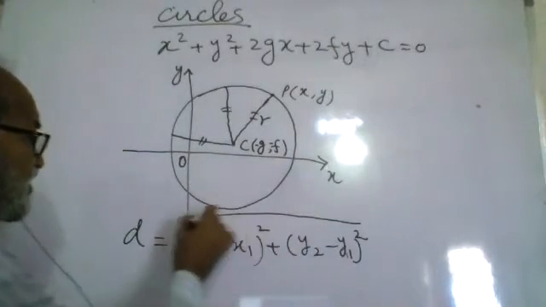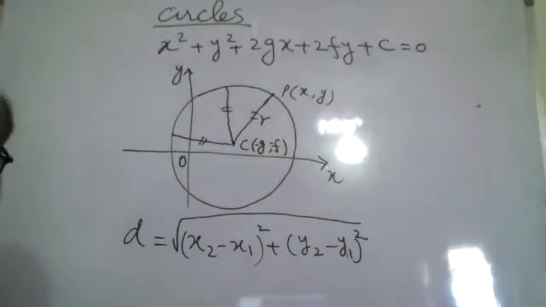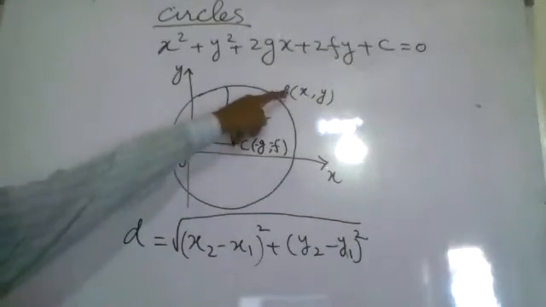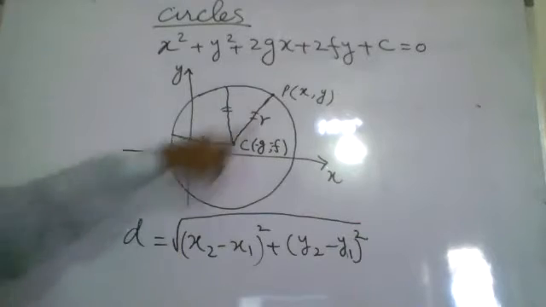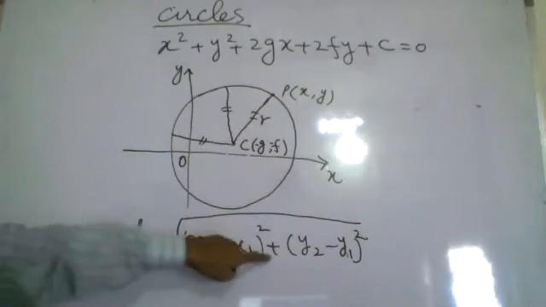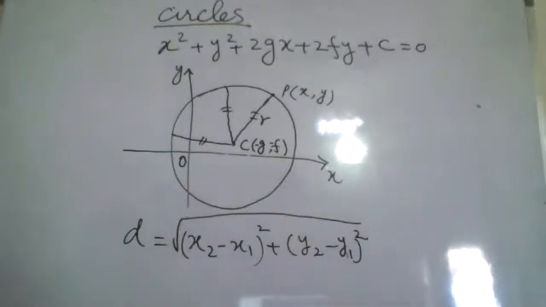If two points are given, how to find the distance? It is the square root of x2 minus x1 whole square plus y2 minus y1 whole square. We will use the distance formula to find the equation of the circle.